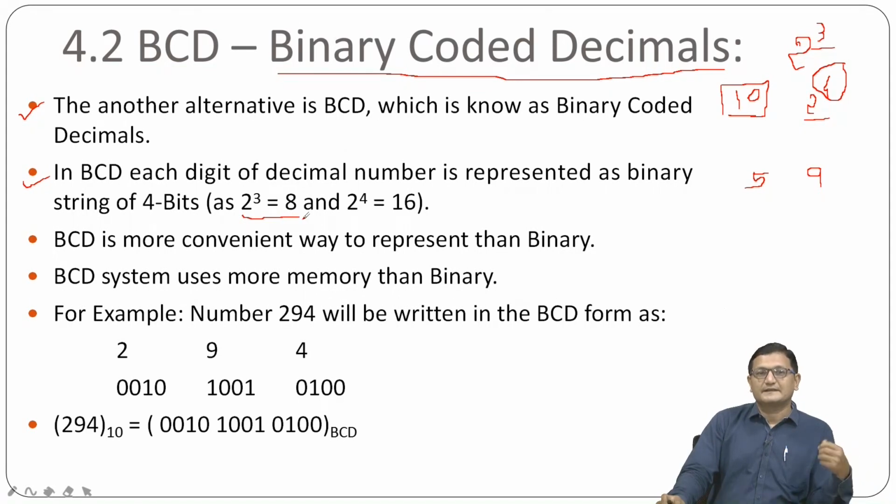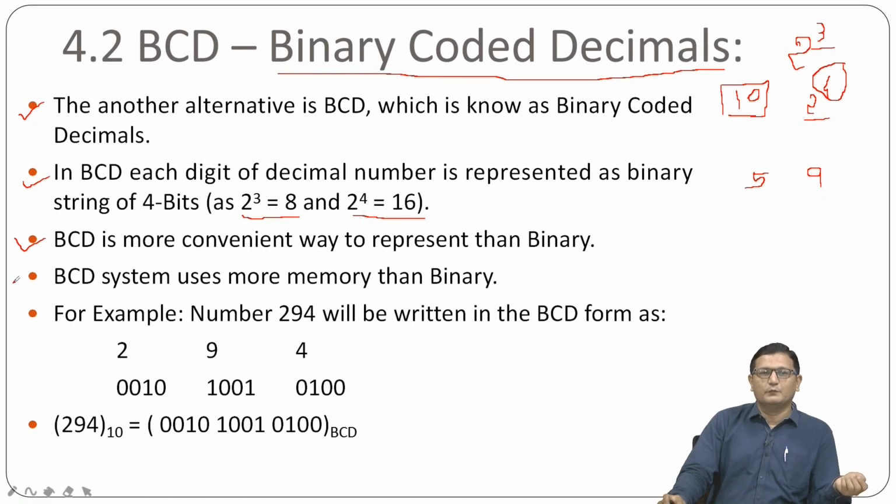But if you want to represent a single digit of the decimal number system in binary format, we know that we have 10 symbols. So 3 bits are not sufficient, so we will use 4 bits, okay? BCD is a more convenient way to represent it compared to the binary, right?